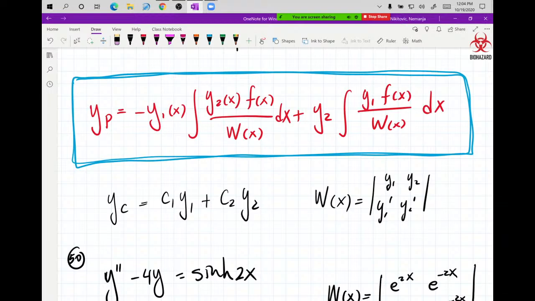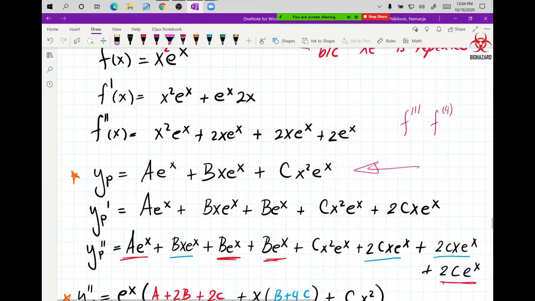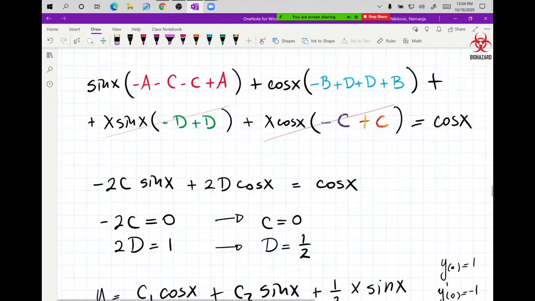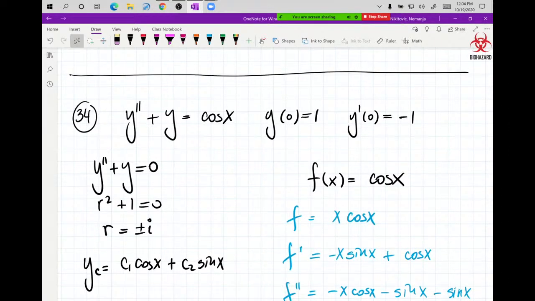But if you have a second order constant coefficients equation and you don't want to mess with repetition or all of these kinds of things, this formula already accounts for all of that, and it gives you the answer immediately. So you could go back, not for this problem, which I gave up on because I made a mistake somewhere, but already for this problem, which was a lot of work anyway, you can go ahead and use variational parameters on problem 34.